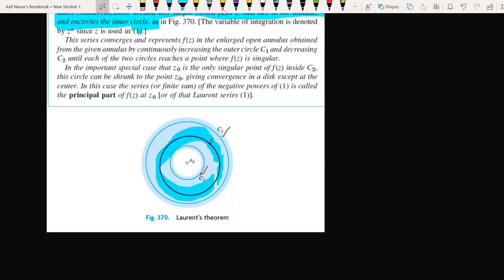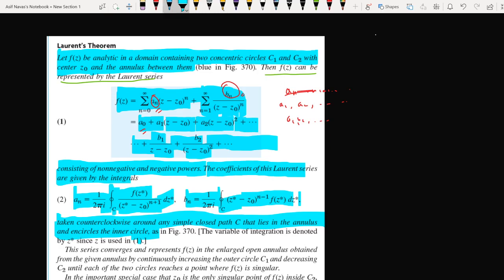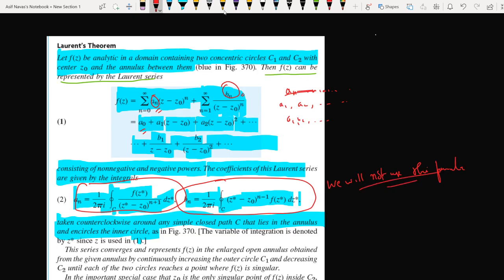Now, it is very difficult to find a_n by using this formula, so we will not use this formula. For finding a_n and b_n, we will use other tricks.